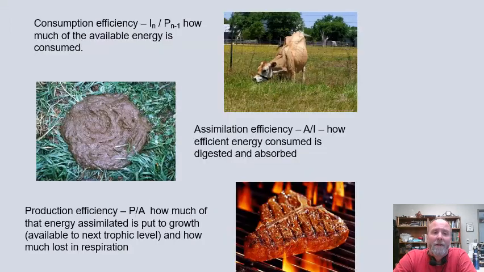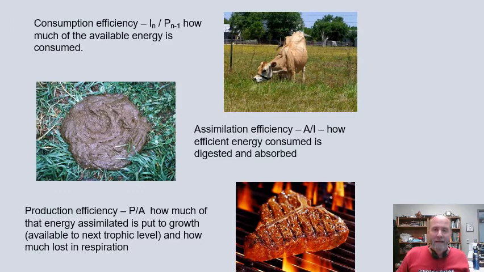Okay, and as we go through, we see that each one of these steps has a level of efficiency. Okay, so how efficient is an organism at being able to eat all the available energy from the next trophic level down? How effective of a consumer are you? Okay, are you a really good consumer?